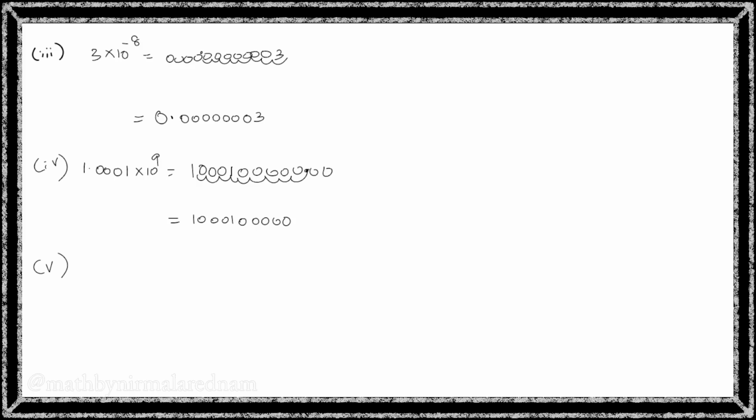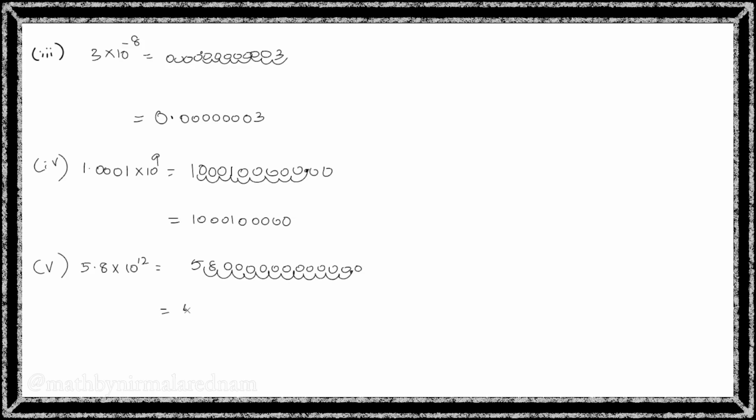Next question, 5.8 into 10 to the power of 12. You're going to get a lot of zeros now. Write a few zeros. Okay, from here I have to go 12 places. 1, 2, 3, 4, 5, 6, 7, 8, 9, 10, 11, 12.